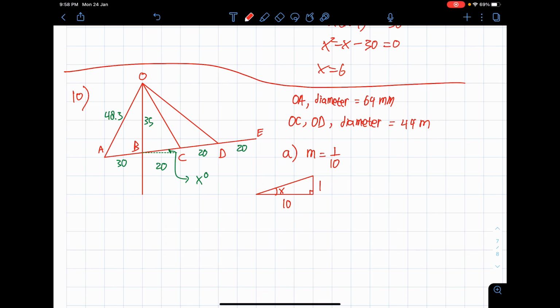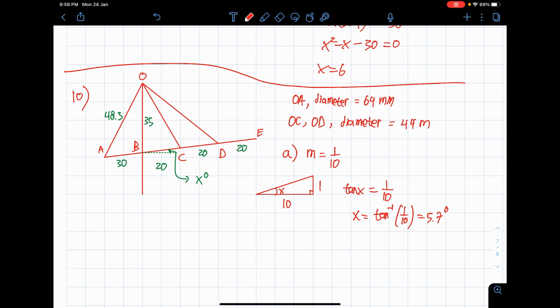You need to prove that x is 5.7. The key for this is to say that tangent x equals opposite over adjacent. To solve for x here, I just need to do tangent inverse, and that will be 5.7 degrees. Okay, that's question A.